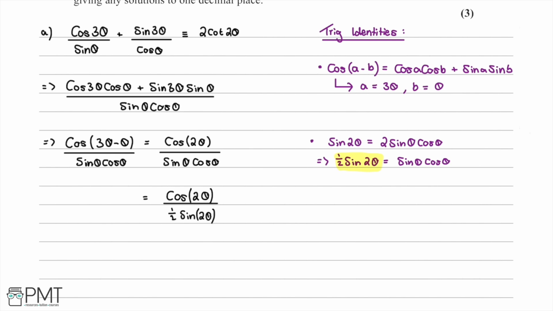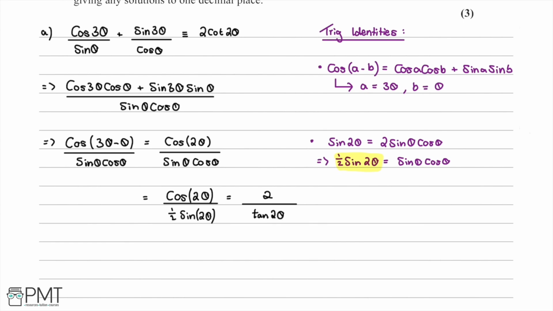Now we know that dividing by 1/2 is equal to multiplying by 2. And when we have cos over sine, that is equal to 1 over tan. So in this case, our denominator will become tan 2 theta.